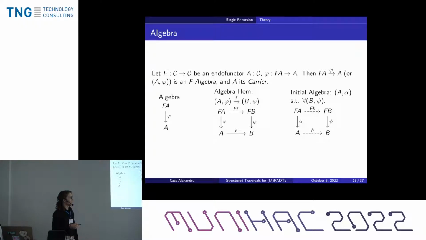So we have existence and unique existence. And the uniqueness will be important in some diagrammatic proof that we're going to be doing later. So given any other algebra with a carrier B, you can define this morphism.